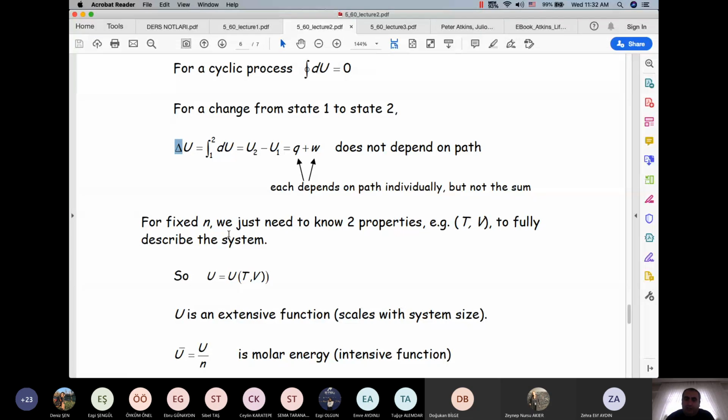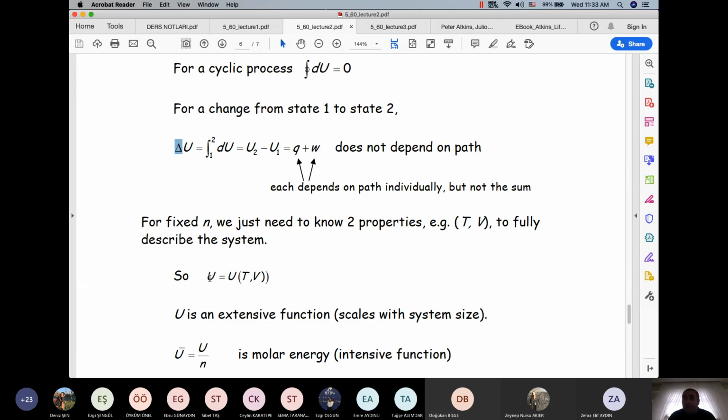Dolayısıyla bir sistemi tanımlamak için ihtiyacım olan büyüklük sayısı 3. Bir sistemi doğru tanımlayabilmek için 3 tane şeyi bilmem gerekiyor. Ama bunlardan number of mole'ü de fix edersem geriye sadece 2 tane kalıyor. Bu ikisi, örneğin temperature ve volume seçelim.